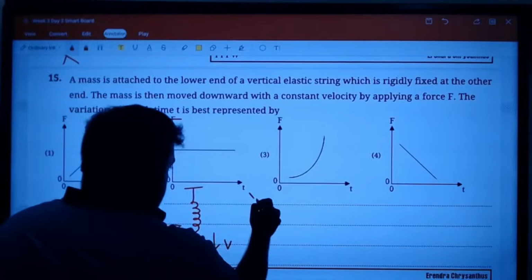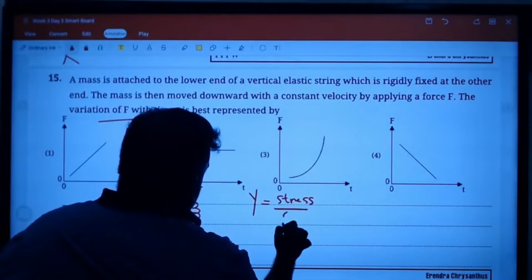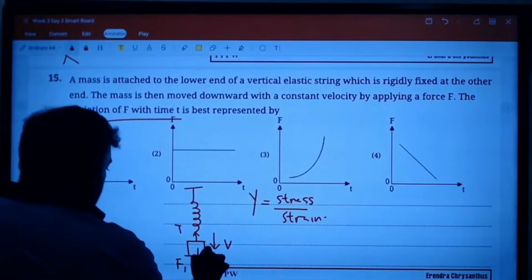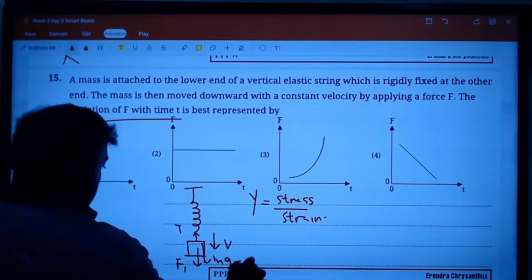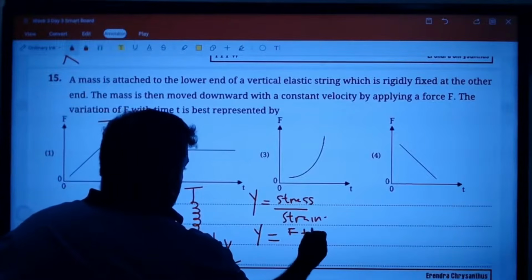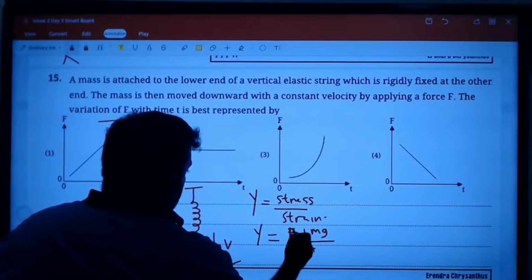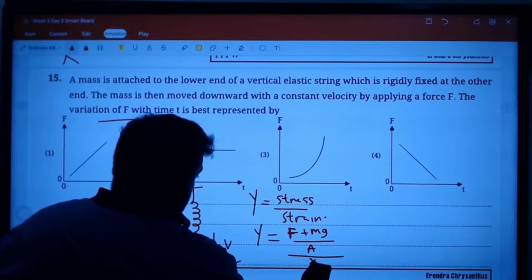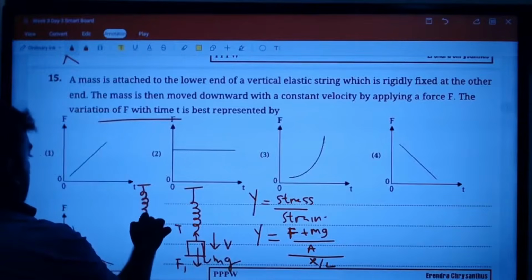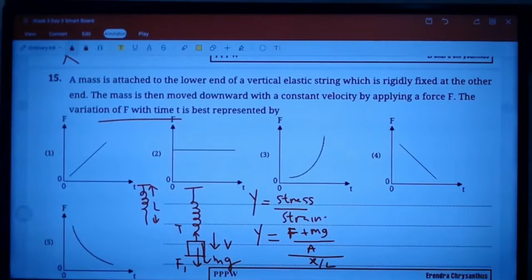Young's modulus is equal to stress divided by strain. Here the weight of the object is also there. Young's modulus is applied force plus mg over A, where we are still in the proportionality limit, divided by extension over initial length. Initial length is the unstretched length.